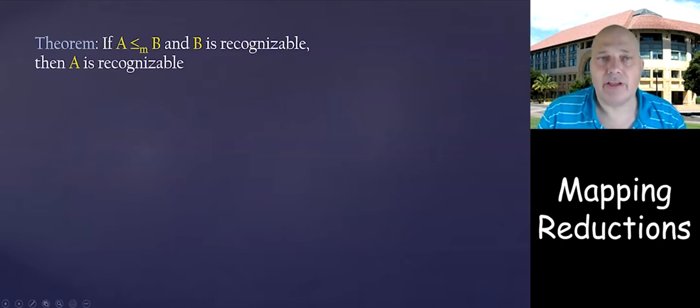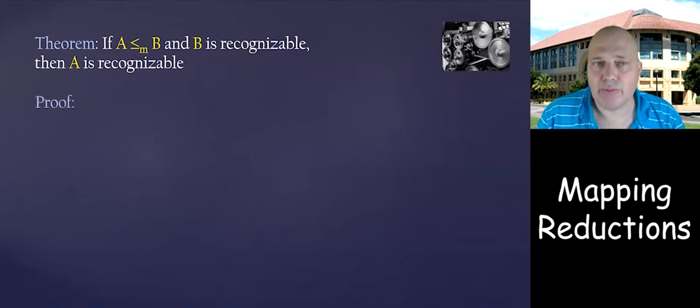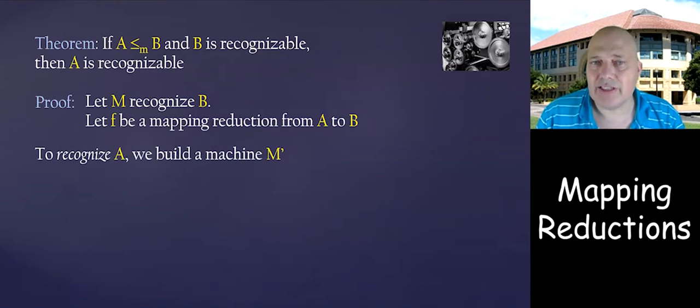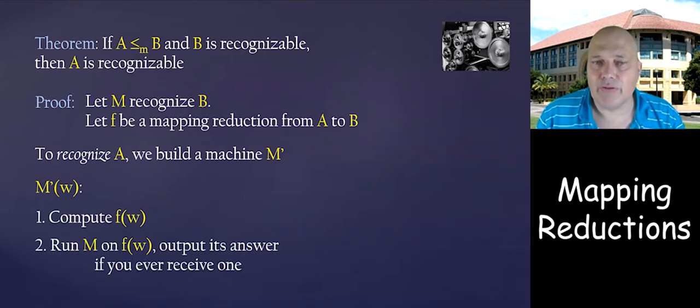Similarly, if A is mapping reducible to B and B is recognizable, then A is recognizable, and the proof is the same proof. M recognizes B, F is the mapping reduction from A to B. To recognize A, we build a machine M prime, just as before. You compute F of W, you run M on F of W and output its answer.